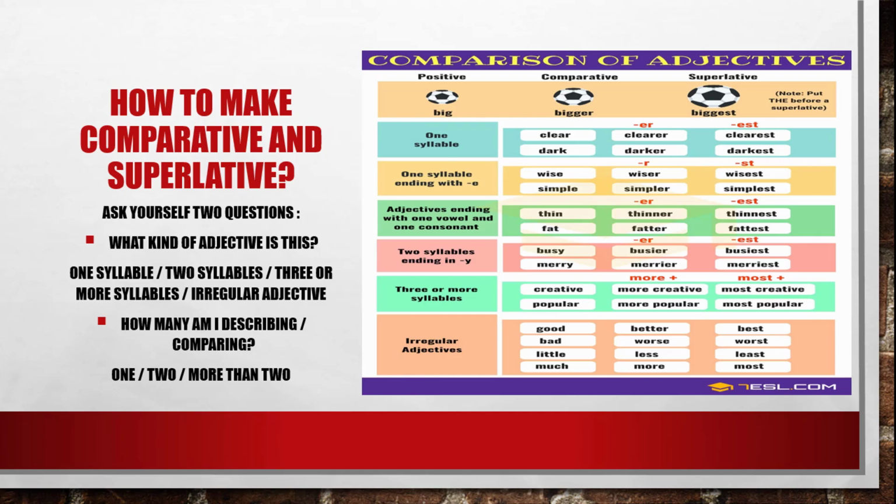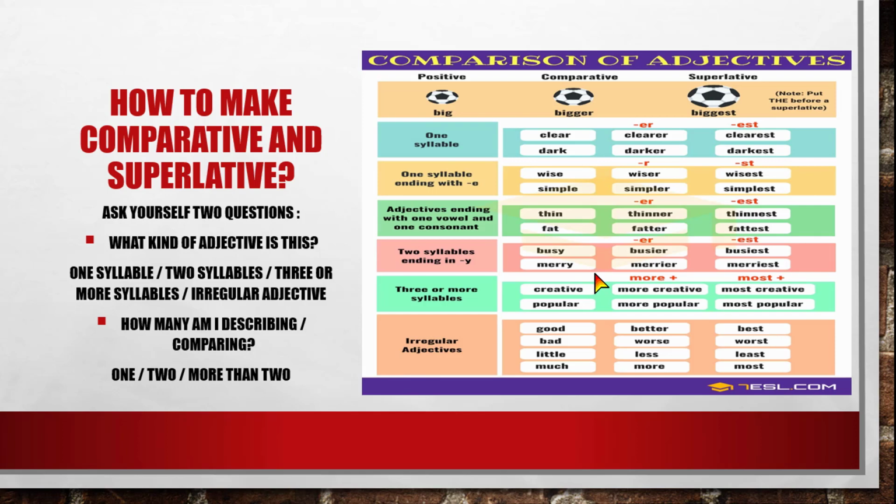Like the word busy would be busier, busiest. Merry, merrier, merriest. Happy, happier, happiest. So you just cross the Y and add I before you add ER or EST. All of these, the one- or two-syllable adjectives, we call short adjectives.